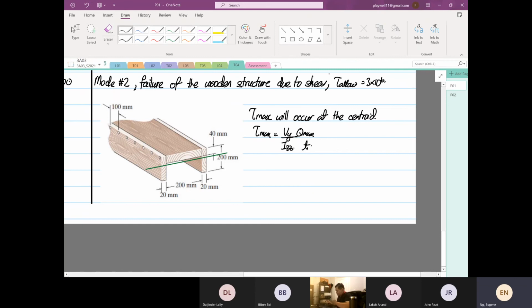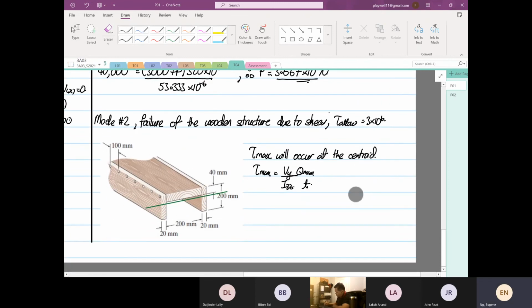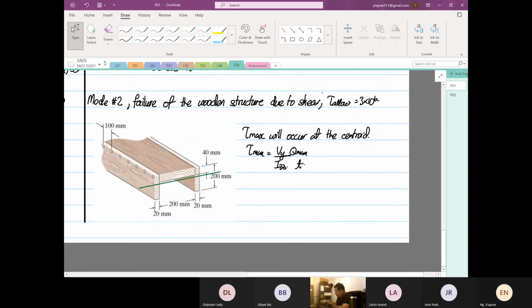So for this case, V_y is a function that we formed, 3000 plus P. I_ZZ we know, right? Q max we don't know yet. Then we have to find T. So we know over here, T is equal to twice multiplied by 20 times 10 to the power minus 3, because it's left and right, right?